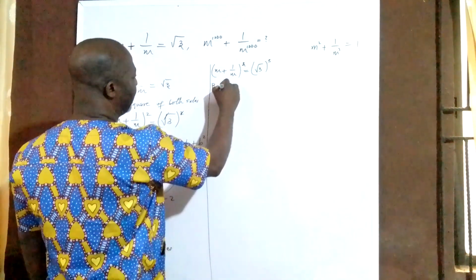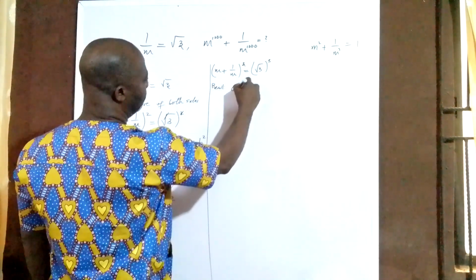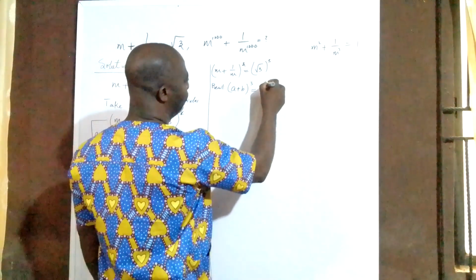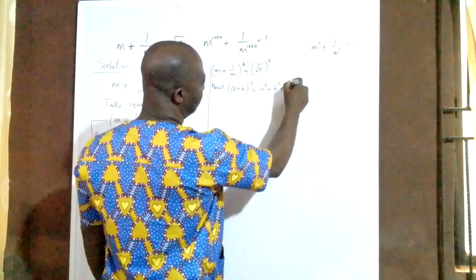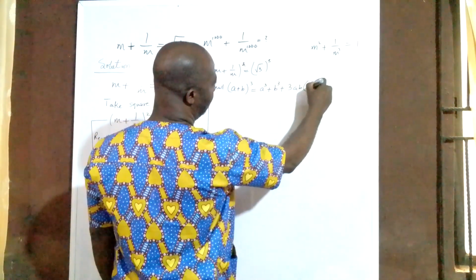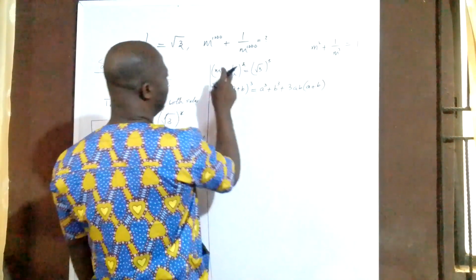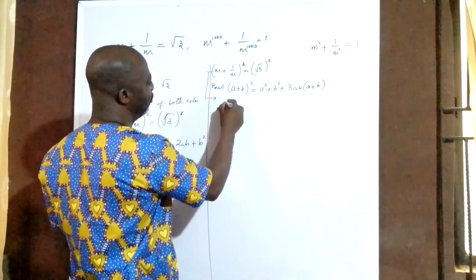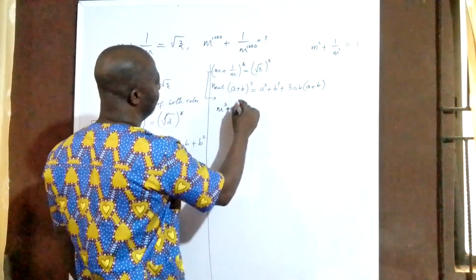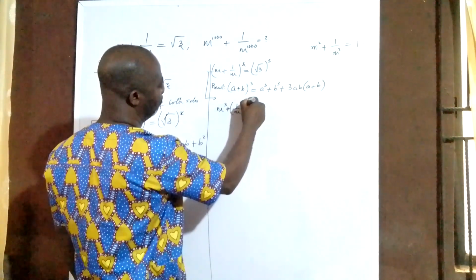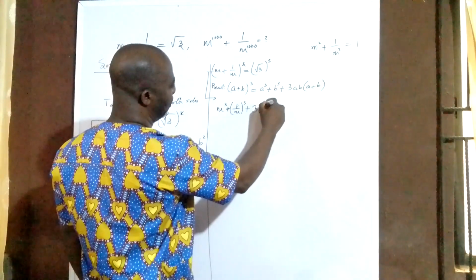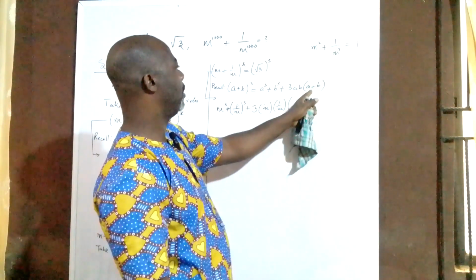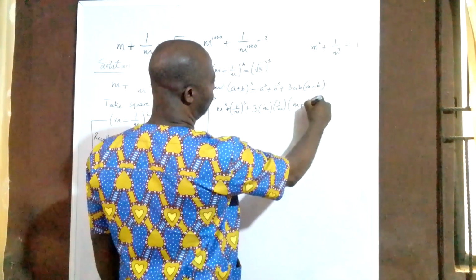Now, recall this identity that (a plus b) cubed is equal to a cubed plus b cubed plus 3ab, open bracket, a plus b. So I'm going to apply this identity to the left hand side, and so this will give me m cubed plus 1 over m cubed plus 3 times m times 1 over m, and then of course I have m plus 1 over m.